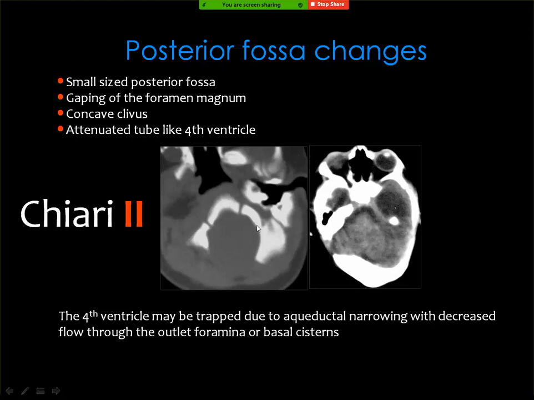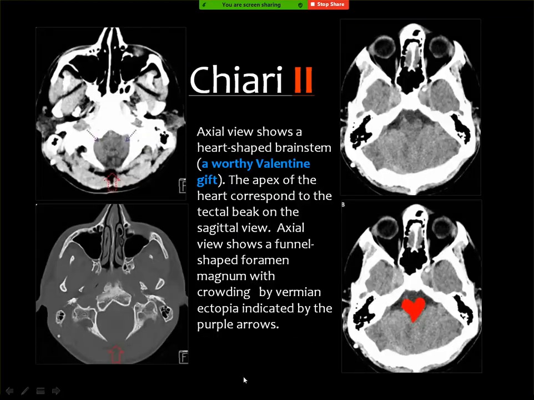Then the changes at the posterior fossa: you get a small posterior fossa because of the herniation of some of its contents, and widening of the foramen magnum and the convexity of the clivus to make way for the descending parts of the cerebellum.